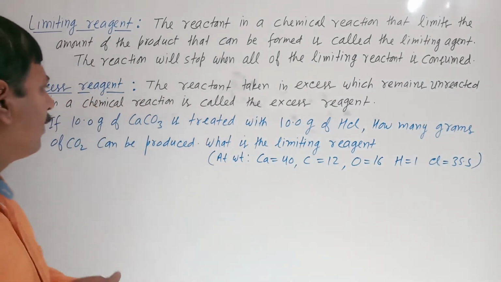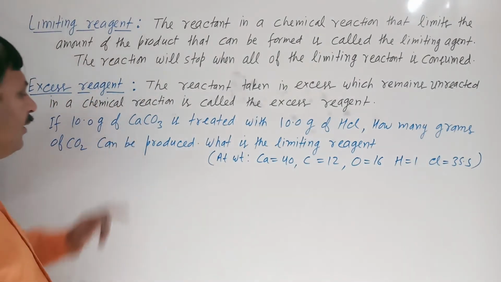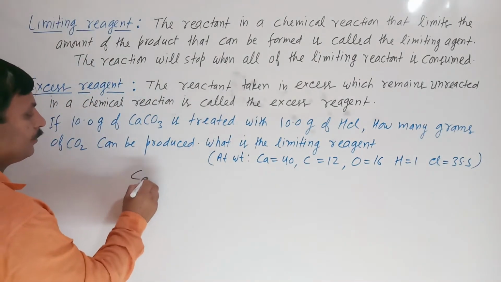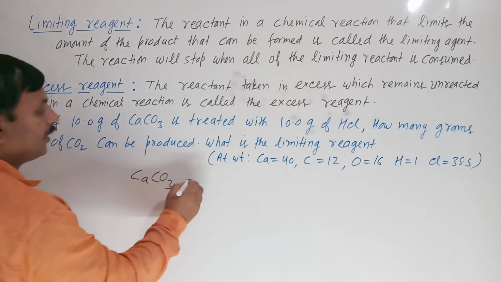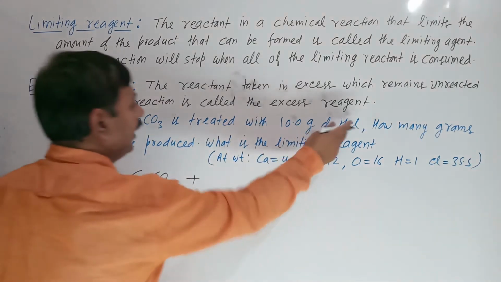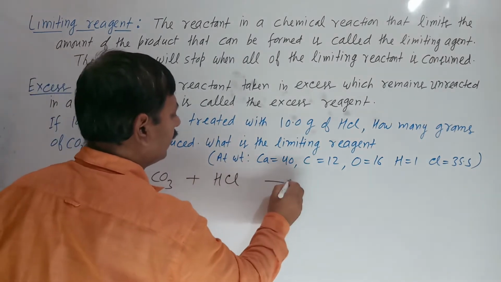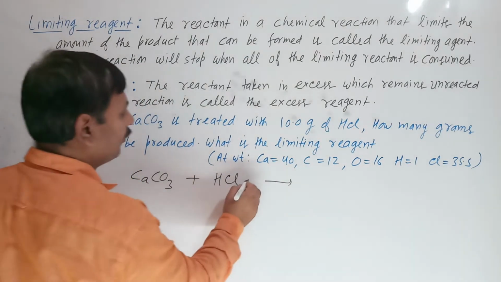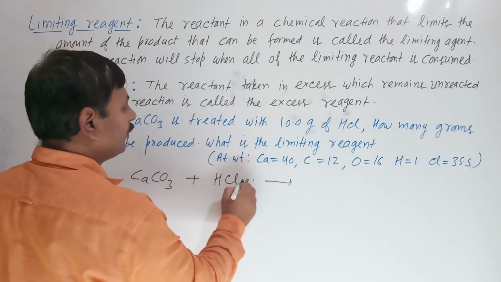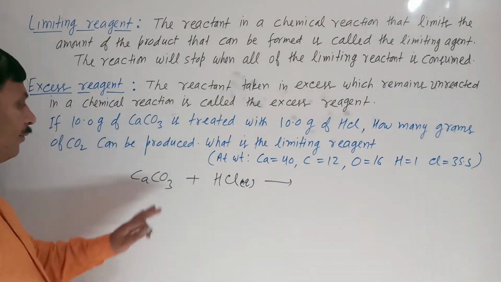So see what they have given, calcium carbonate, they are reacting with the HCl, hydrogen chloride. There will be an aqueous solution of hydrogen chloride. So see here, when they are reacting, what happens?